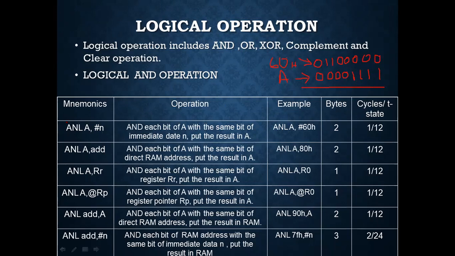After the execution of ANL A, #n, it will be a bitwise AND. That means 0 and 1 is 0, and this is also 0, this is 0, this is 0, so 0 0 0 0. After the instruction the result will be 00H, and that will be stored in the accumulator or A register. Clear or not?